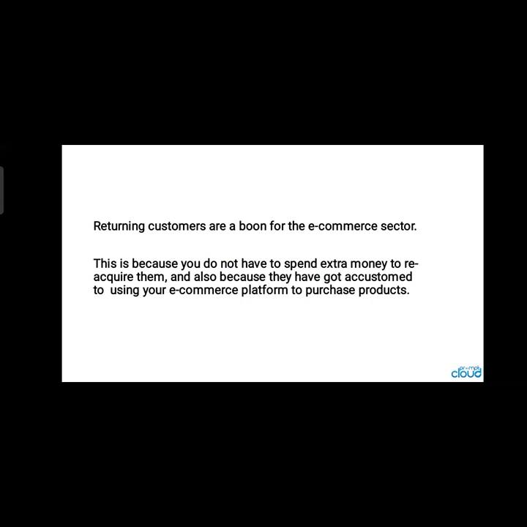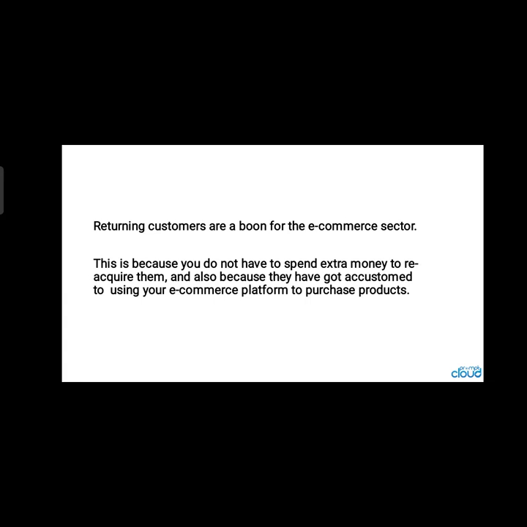You bought Domino's pizza and it got delivered within 30 minutes. The next time, instead of going with another pizza brand, you will prefer the same brand. That means you are a returning customer for Domino's. This is because you do not have to spend extra money to reacquire them.